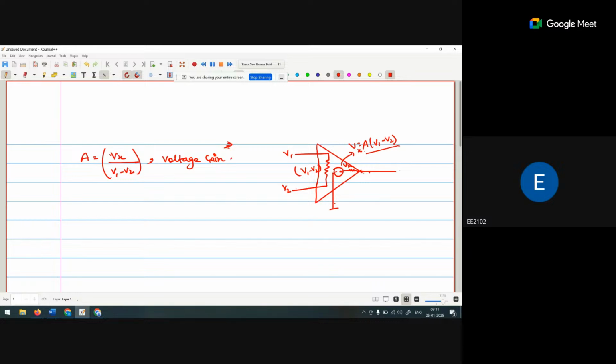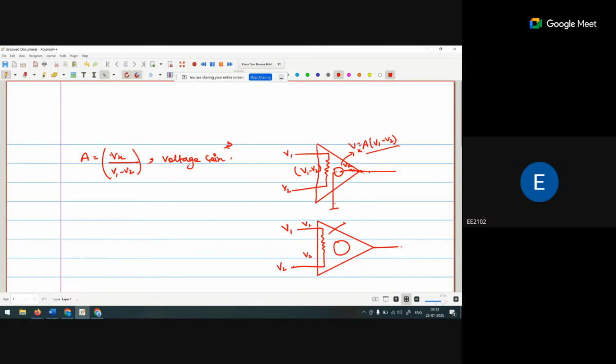A. Now the second thing is, I have V1, V2, and the current flowing is I1.